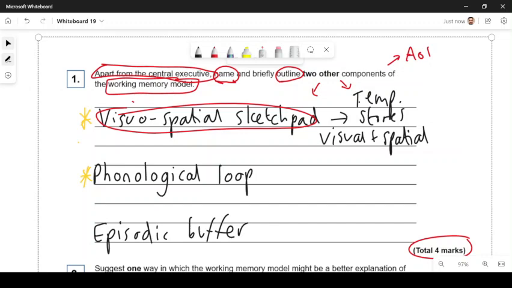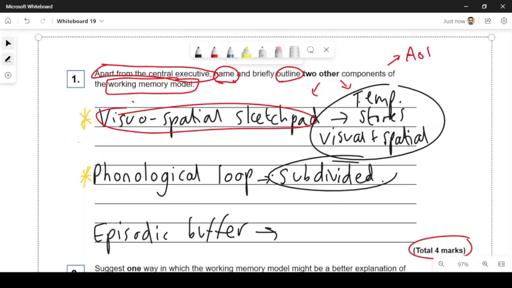In terms of the phonological loop, you could say potentially that it is subdivided, so split further into the articulatory loop and the phonological store. You could talk about its coding, or again the fact that it has limited capacity, but you do want to make it sound quite different to the one above.